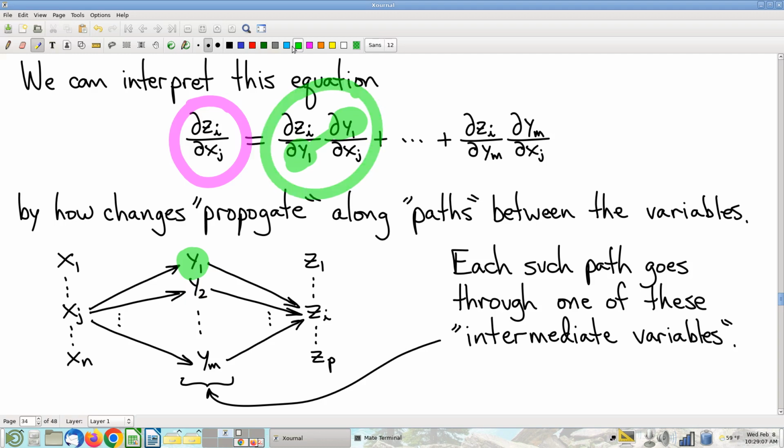And then, et cetera, et cetera. And then the Ym intermediate variable gives you what I think should be called the Ym term. So just keep track of your intermediate variables, write down terms correspondingly, and off you go. And you don't have to write down all the matrices and do the matrix multiplication and all that. It can add up to a lot of tedium.